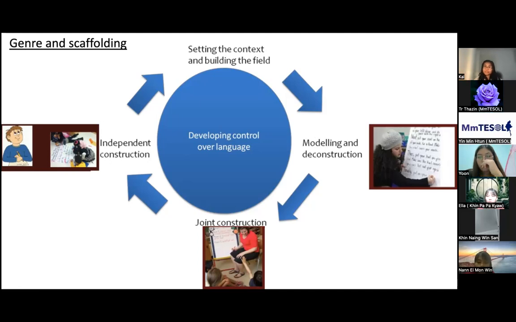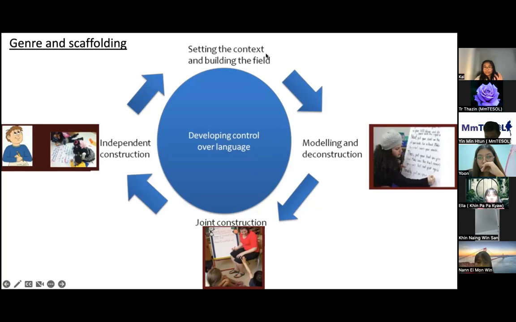So after building the context and the field, we do modeling and constructing the essay. And after that, we do joint construction, where the teacher writes the essay together with the students.